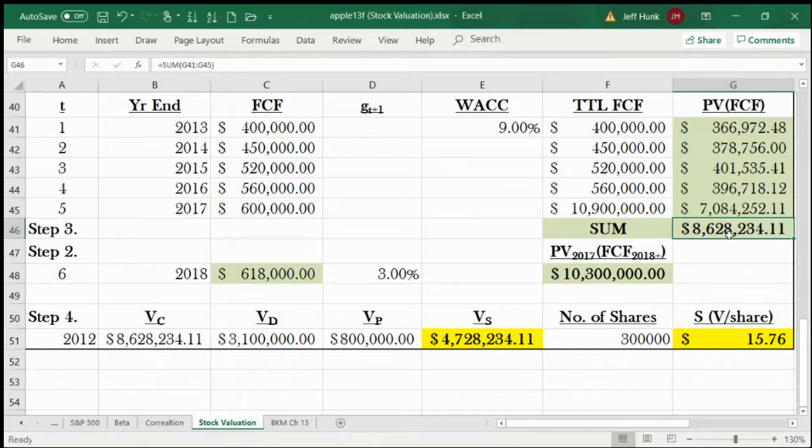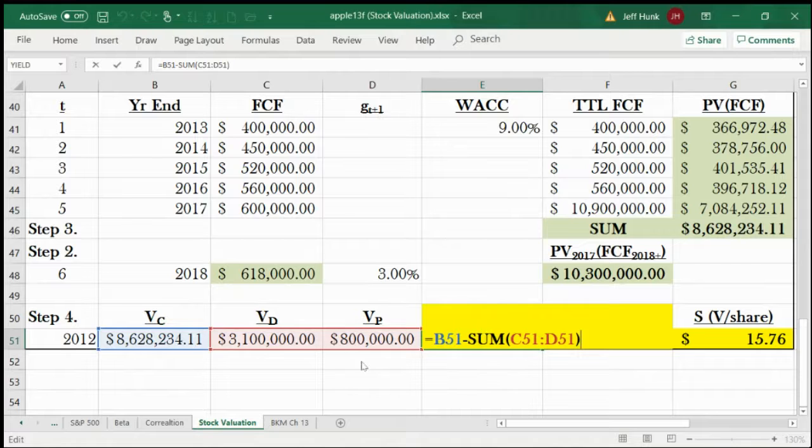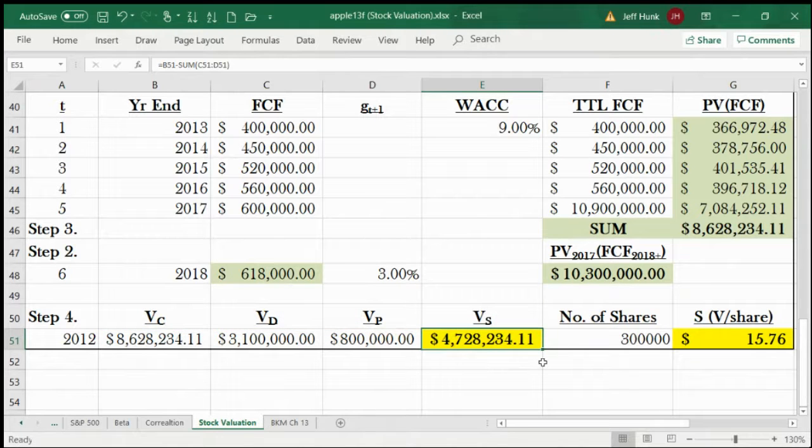Since this is the 2012 value of the company, from that you subtract this and this. Then that's the value of the common stock, the value of the common equity. It's an aggregated value, so if you divide this by the number of shares, that's the per share value.